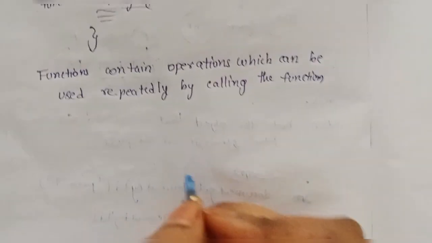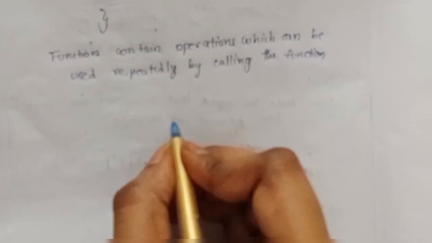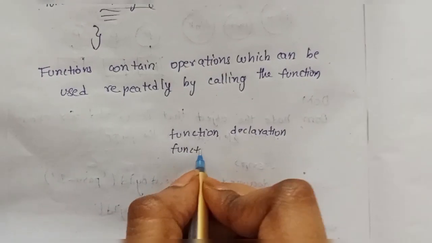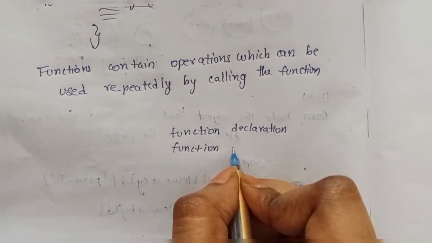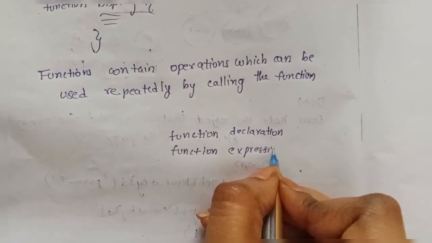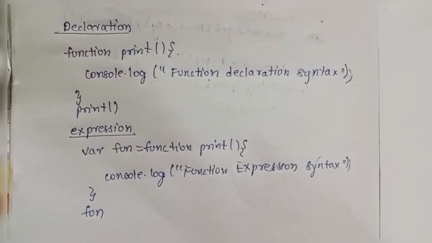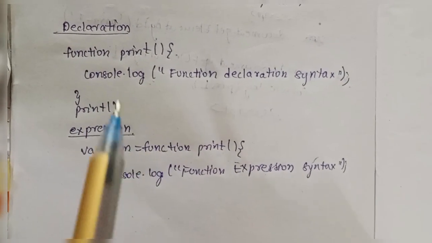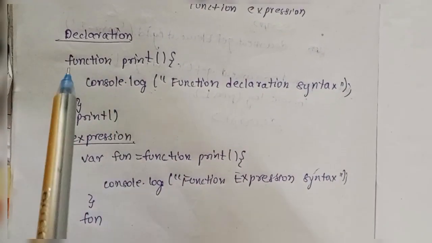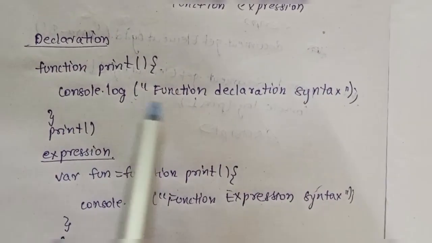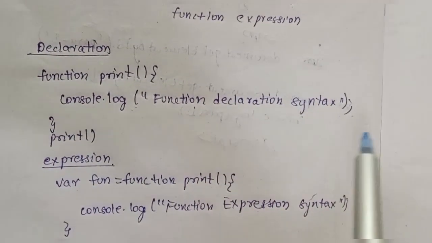So in JavaScript, we have two approaches. One is function declaration and the other is function expression. This is the syntax of declaration and this is the syntax of expression. When we write print as the function name, this is the function, and then we are printing this line.